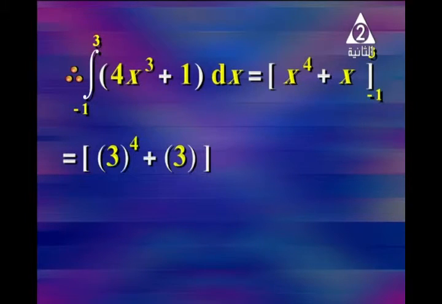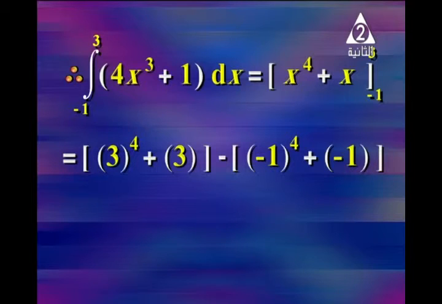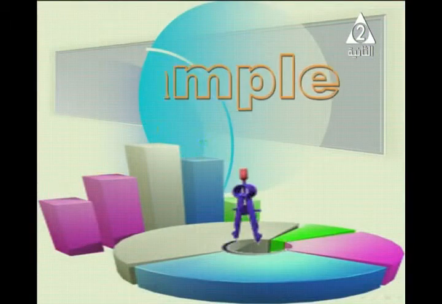The answer is 3 power 4 plus 3 minus the bracket (-1) power 4 plus (-1). The answer is 84. Dear student, at first we find the integration of the function f of x with respect to dx for 4x power 3 plus 1, which is x power 4 plus x. After that we substitute to find the value.